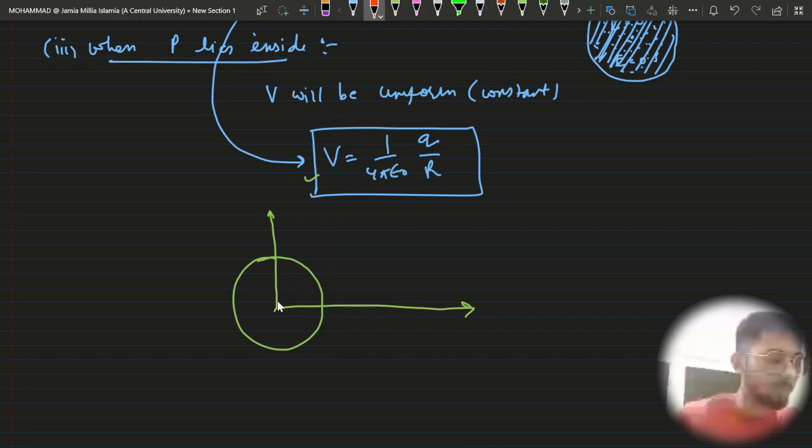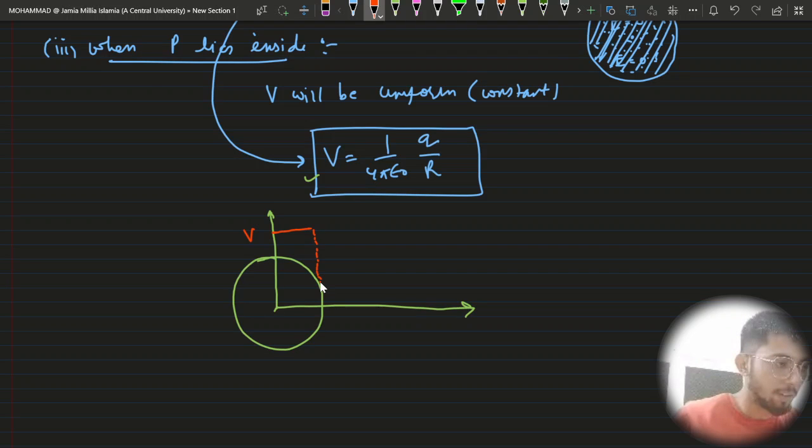See, at the surface the electric potential will be constant. Let's say this is some potential V inside, and this will be the same at every point until we reach the point outside the sphere.